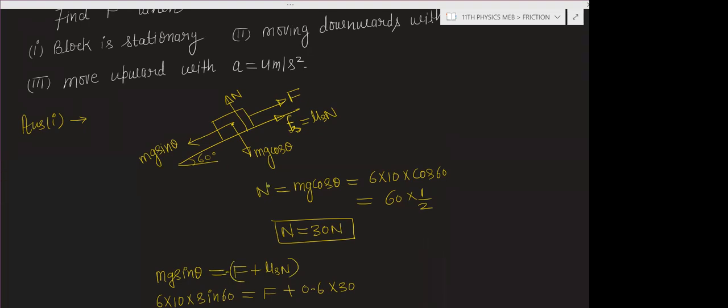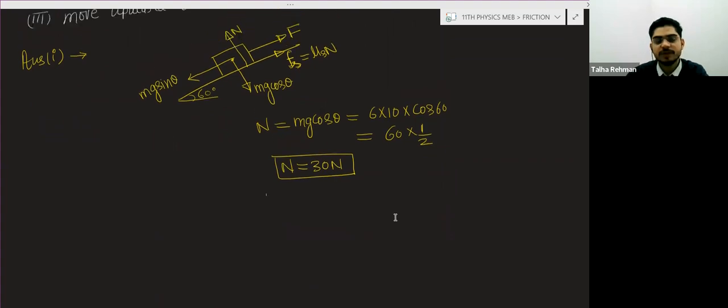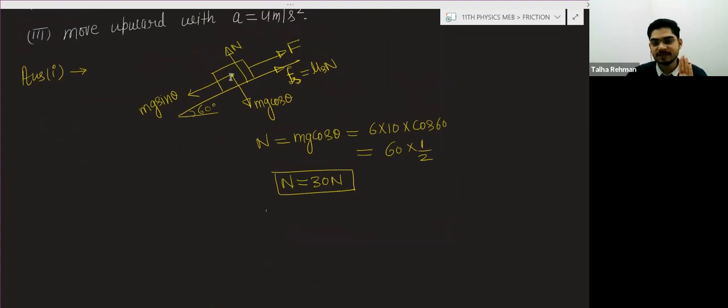Yes, sir. Beta, actually, see here. Basically, this block is at rest. If something is at rest, according to Newton's first law, the net force on that block should be 0. So neither is this block moving in this direction, nor in this direction; the net force is equal to 0.